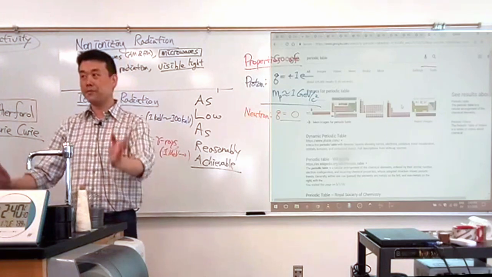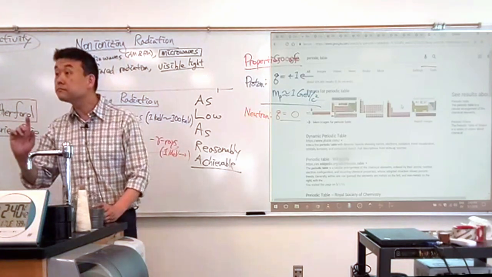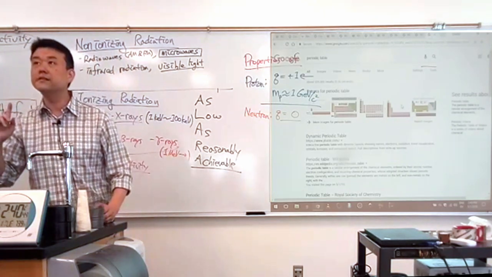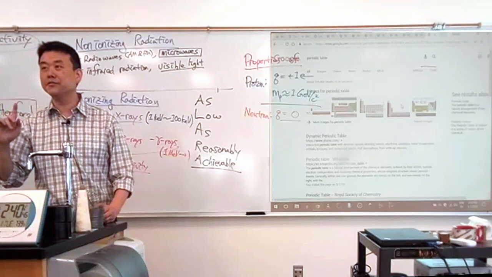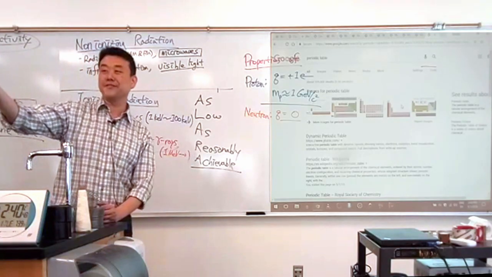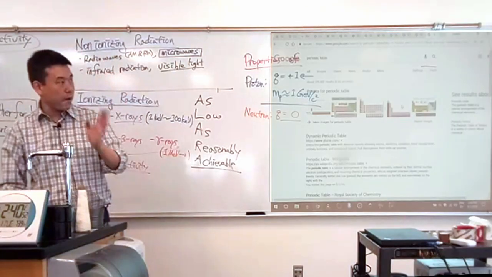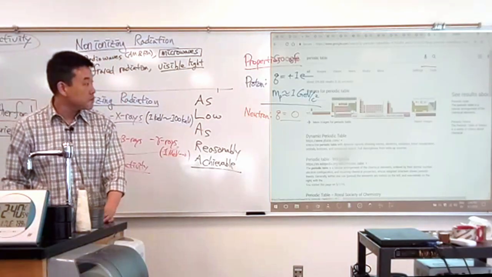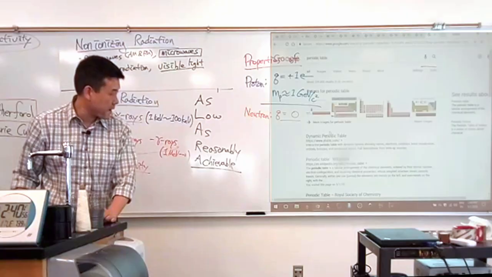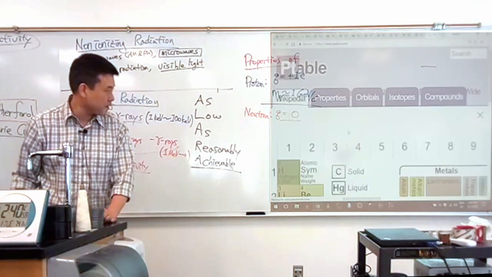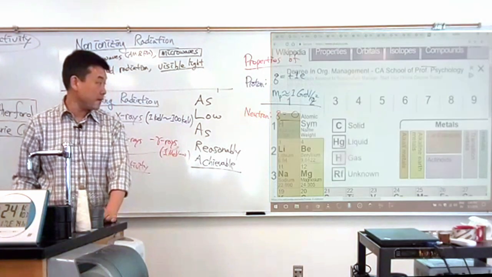What was that one particular property? Well, they didn't know how to count the number of protons. They didn't even know about protons. Weight, atomic weight. Yes, they had ways of determining atomic weight. So they did it by atomic weight.